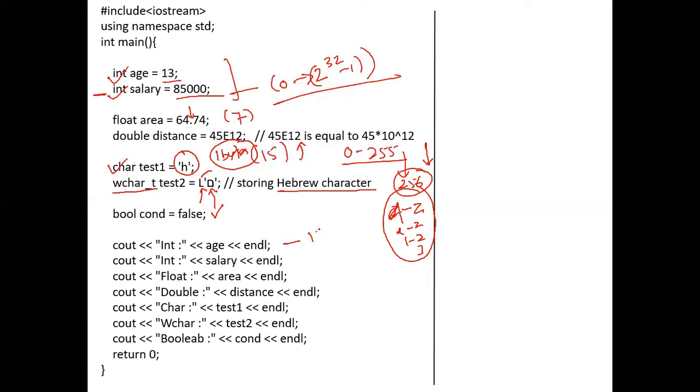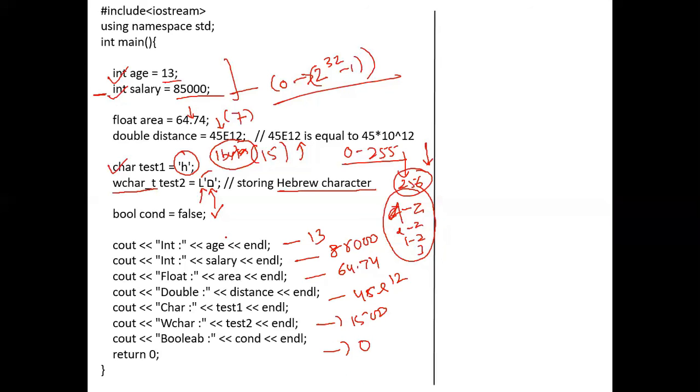For that it would be 13, for that it would be 85,000, for that it would be 6474, for that it would be somehow, it is the way to represent here, but the compiler will give you a result somehow like this. Maybe somewhere 12. The wide character will give you the ASCII value, maybe 1500 somewhere. Boolean will give you 0 in case of false.